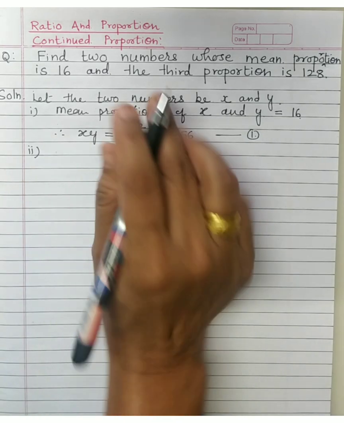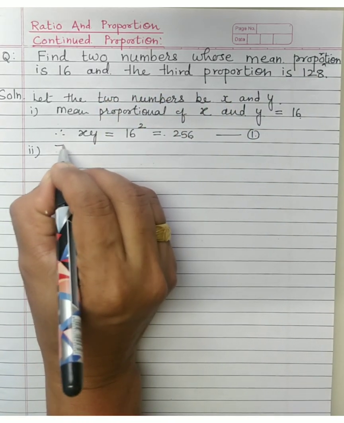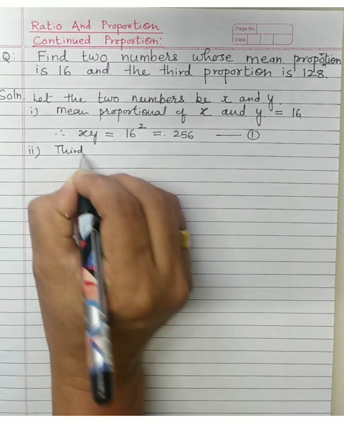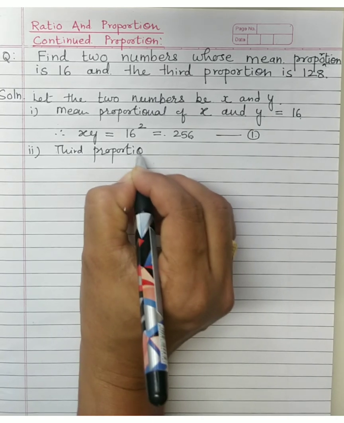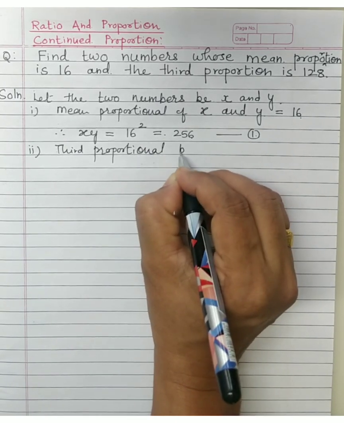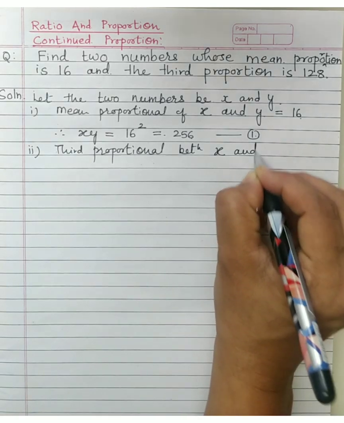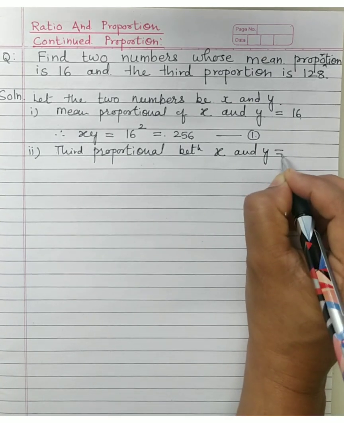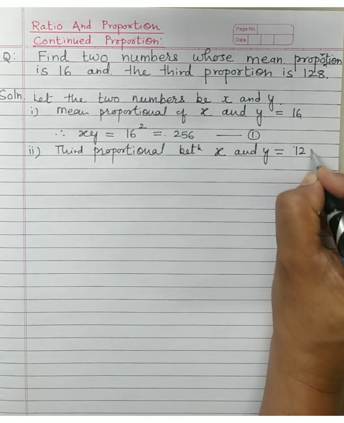Second is given, the third proportional between X and Y is 128.